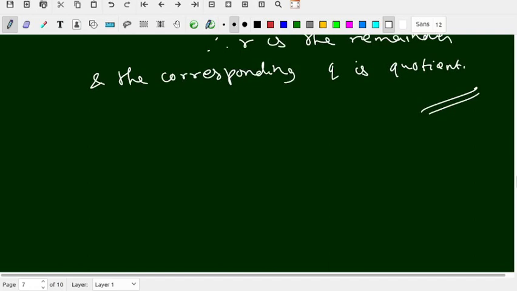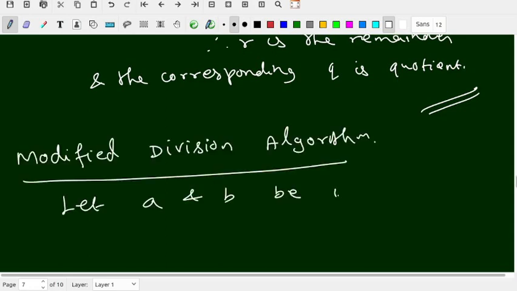Now the modified division algorithm is the following. Suppose a and b are integers. Here we are not assuming a is positive; the divisor can be taken as non-zero, not necessarily positive.